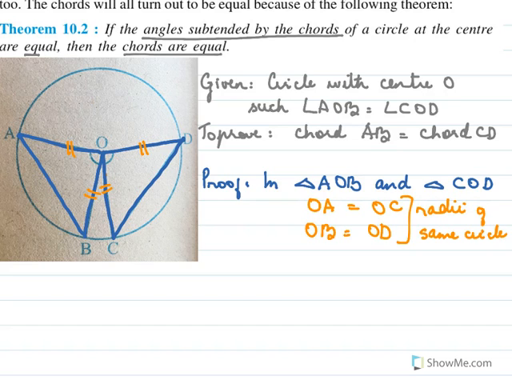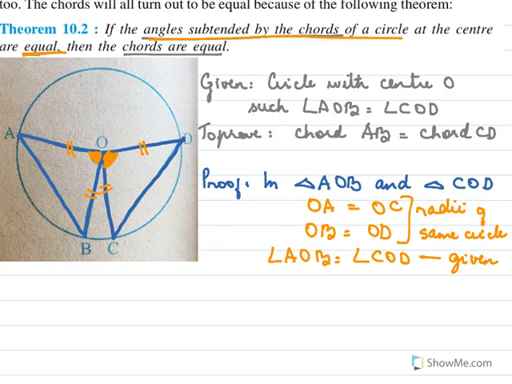And these angles are given to us equal. Angle AOB equal to angle COD, that is given. Here they've given to you that the angles subtended by the chords are equal.